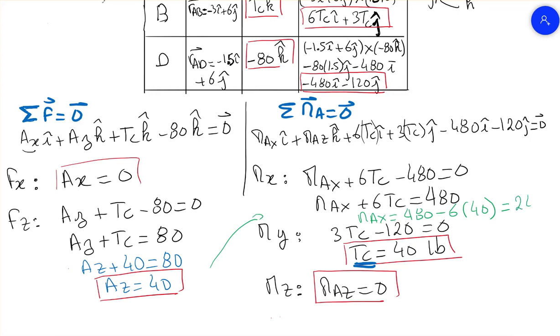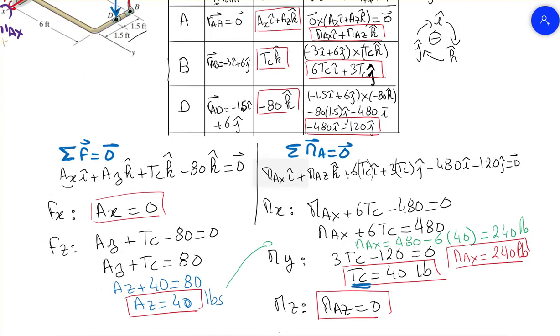Yes, 240. And everything is in pounds, so don't write the pound there. That's the last answer: MAX is equal to 240 pounds. So we solved for our 1, 2, 3, 4, 5 unknowns. Here we go.